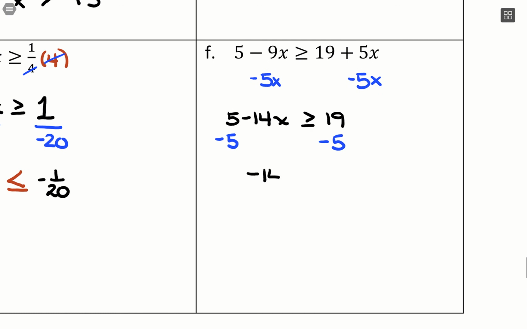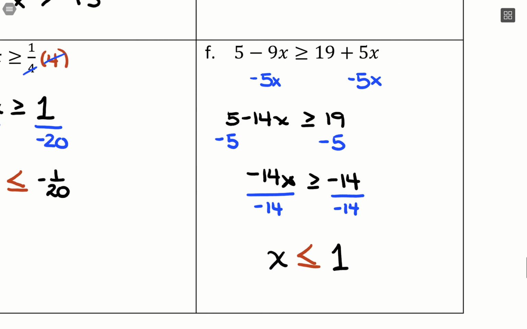So we'll have a -14x more than or equal to -14. And then divide by -14, and we divided by a negative number, so the symbol needs to flip, and then we'll have x is less than or equal to +1. And that's solving inequalities.